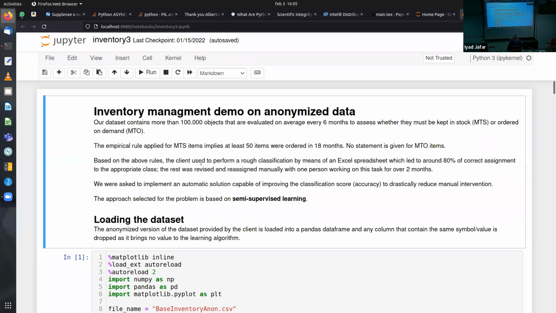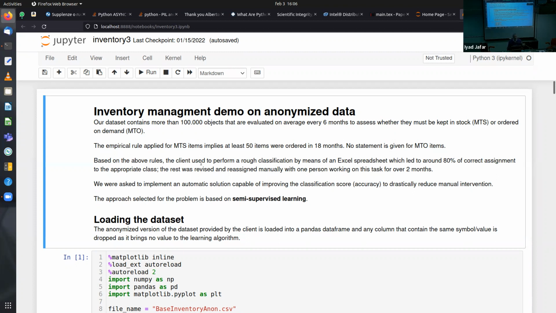So in this case, what is order on demand? On demand means that, okay, a component can be kept in stock. This is make to stock, MTS, means that I need these components very frequently, so I do not want to waste time waiting for delivery from my suppliers. So what I do is I buy a certain quantity of components, and anytime I go lower than a certain threshold, I order new components, new items.